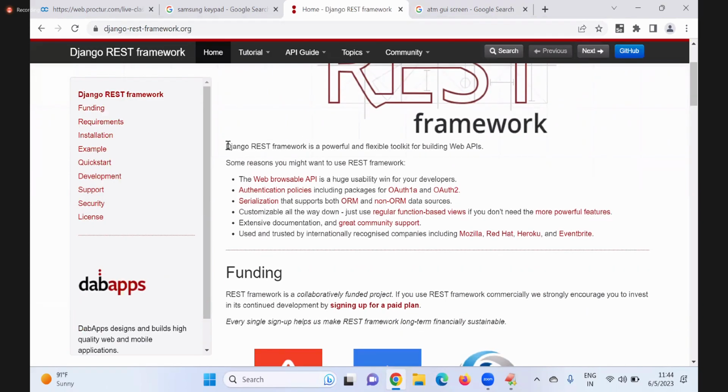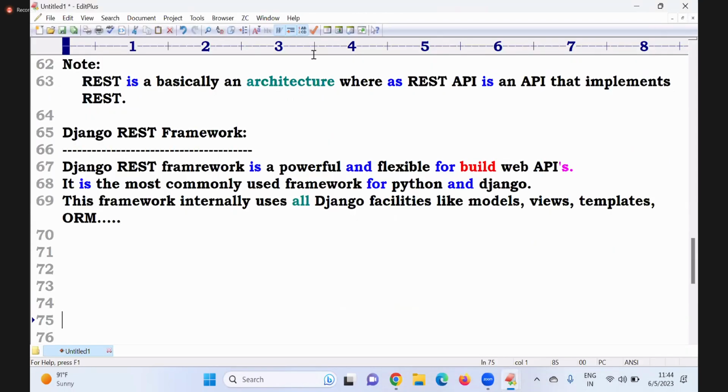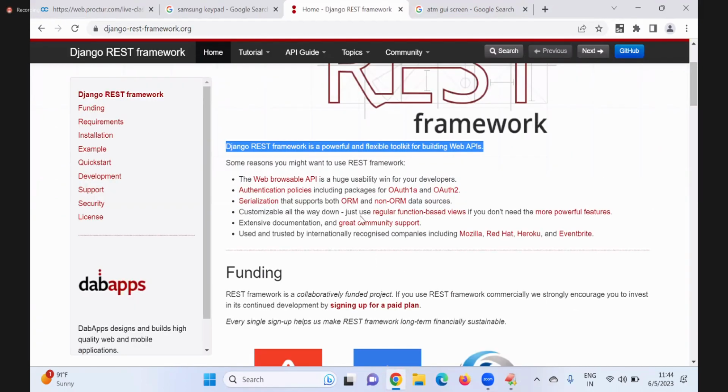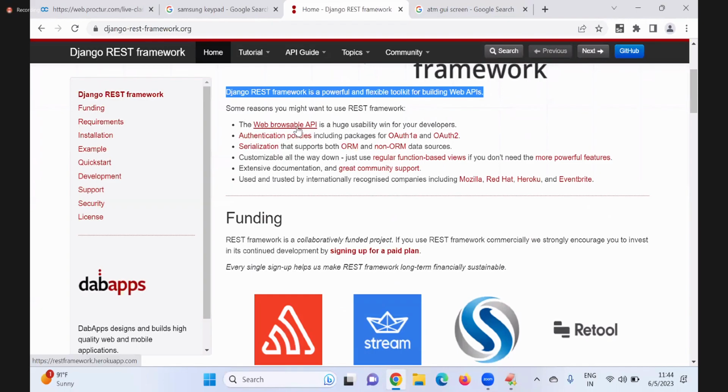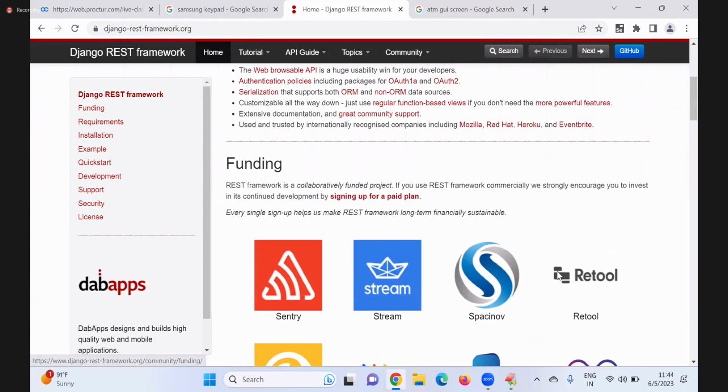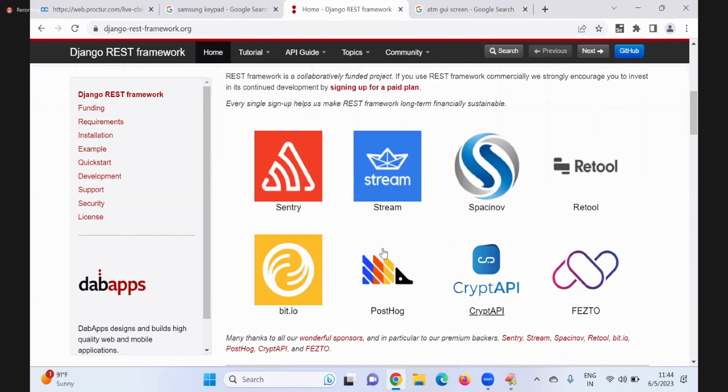What I'm typing here is: Django REST framework is a powerful and flexible toolkit for building web APIs. That is only what I am typing here. It is not my words. Yes or no? That is REST API. So read this one: web browsable APIs, usability for your developers. This is open source. These are all the funding given to this project.